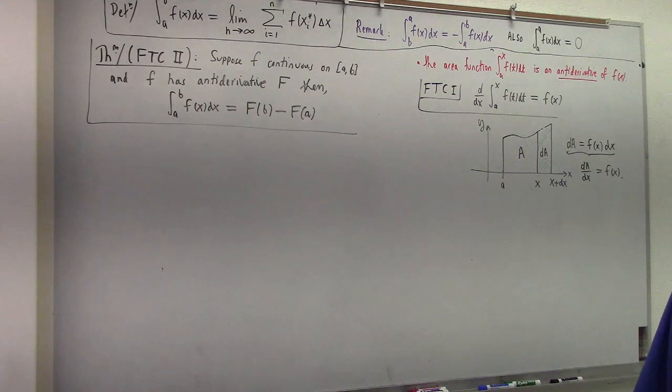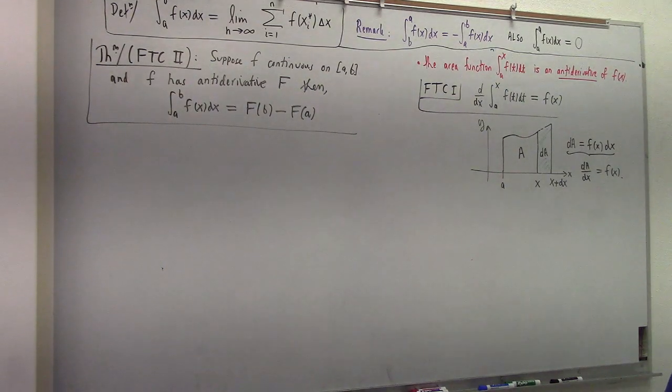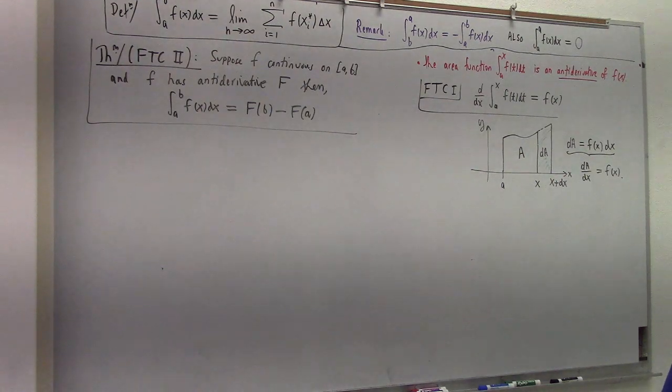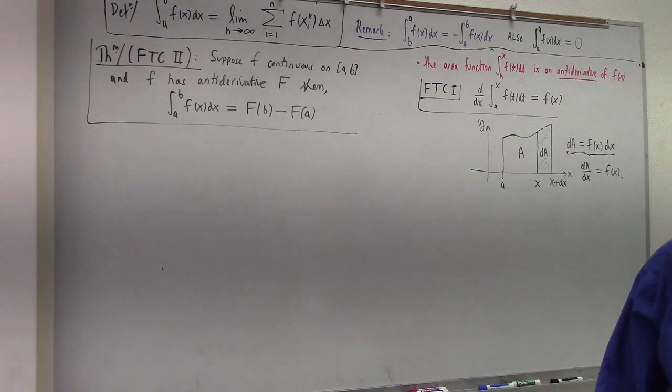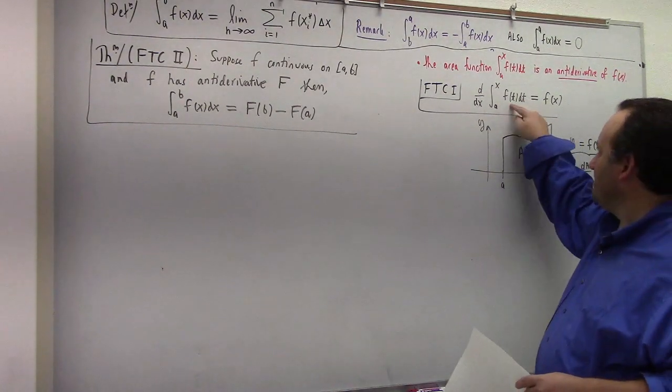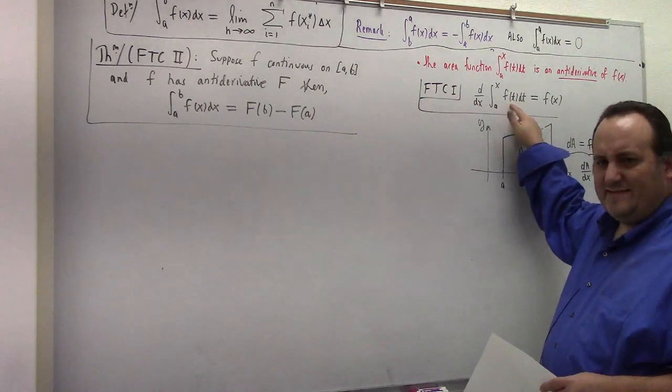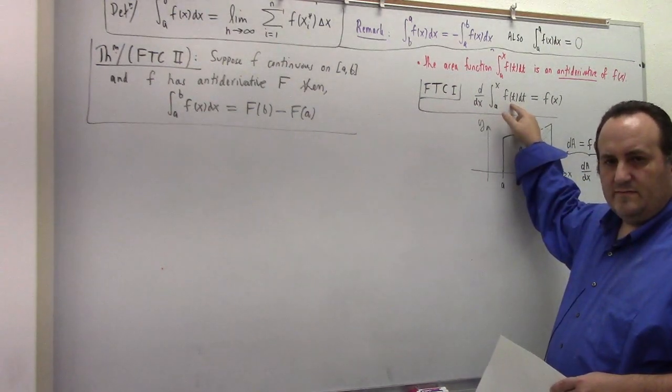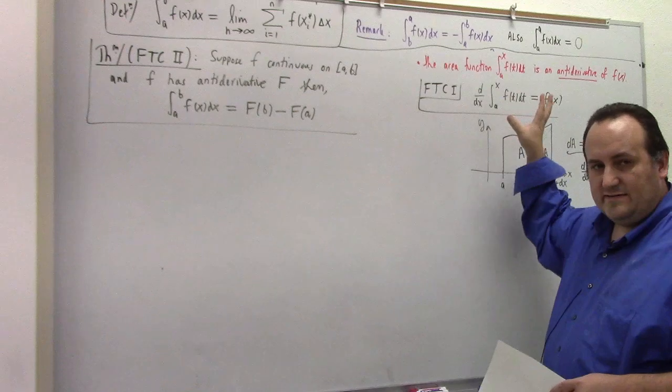If a function's continuous, does it have a derivative? Well, no. The absolute value function is continuous on the reals, but it's not differentiable at 0. But somehow, the other way around, if you have a continuous function, it has an antiderivative, and you can construct it as an area function, right?